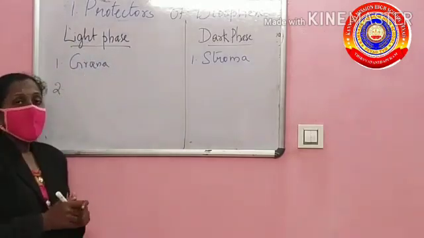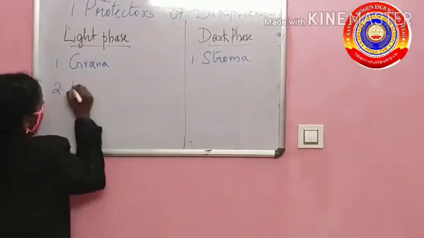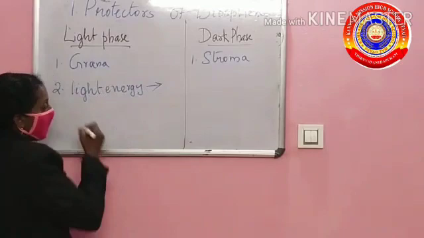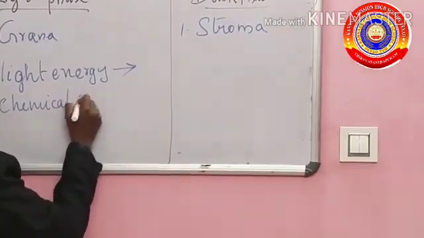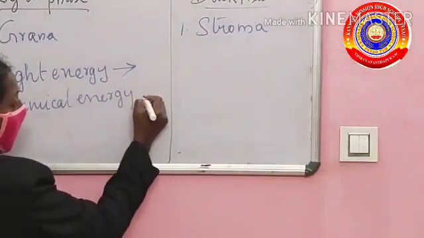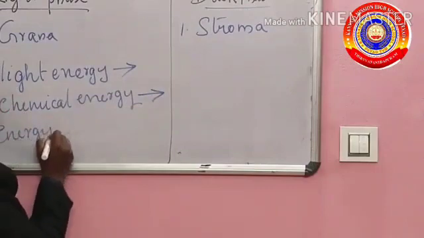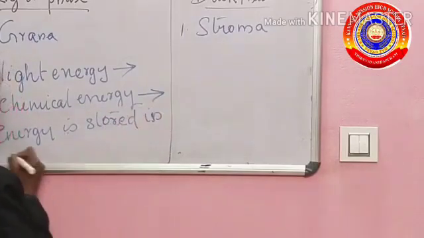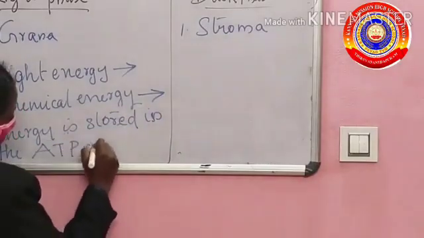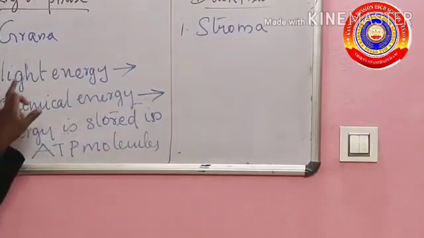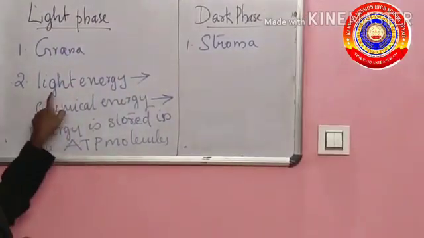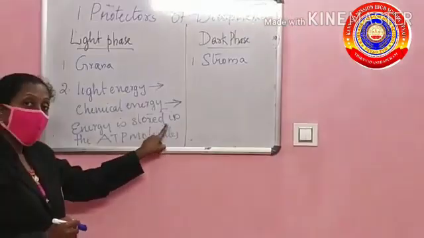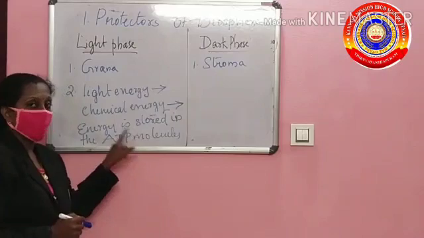Second point, when the sunlight falls on the plant, light energy is converted to chemical energy and this energy is stored in the plants in the form of ATP molecule.